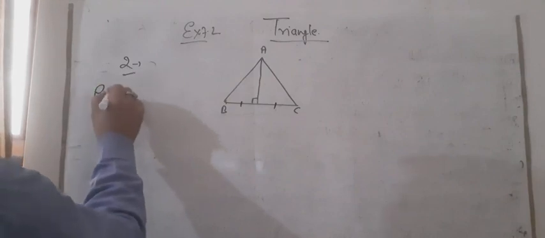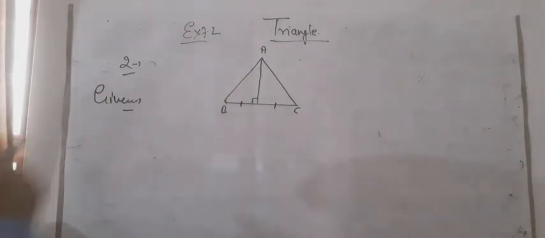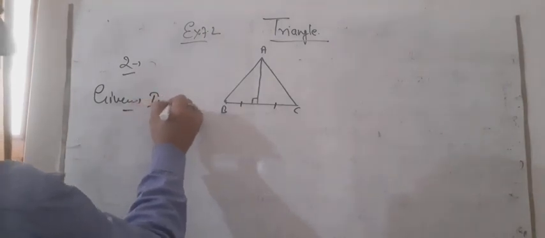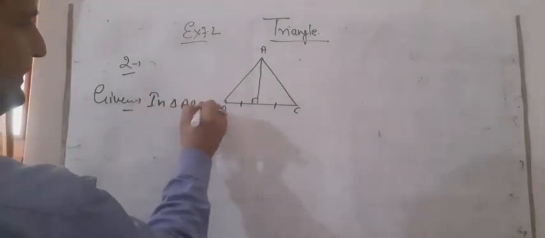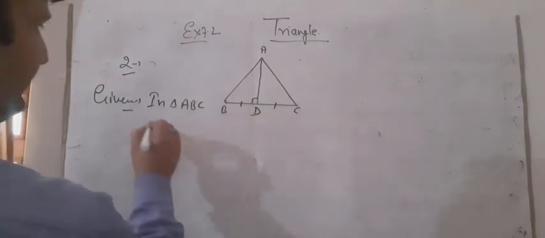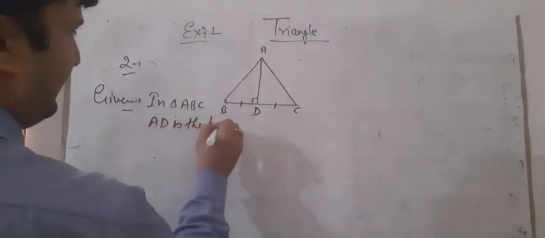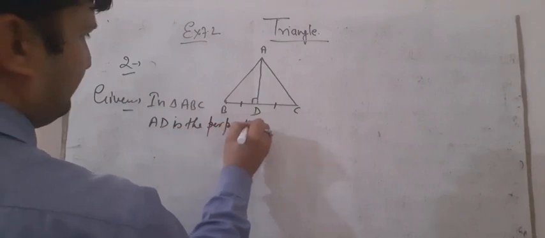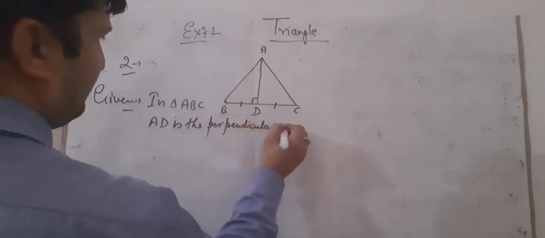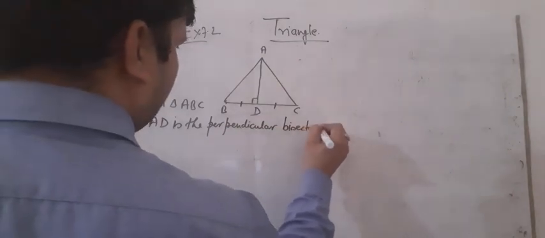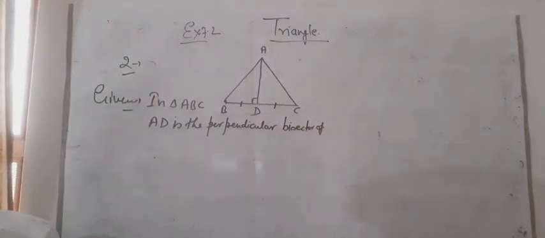First we will write what is given. Given that in triangle ABC, AD is the perpendicular bisector of BC.